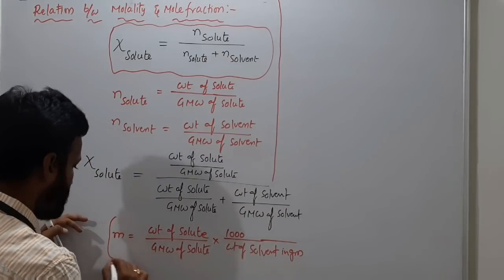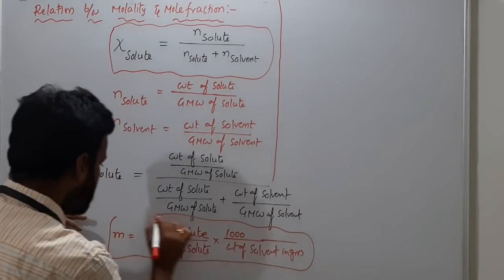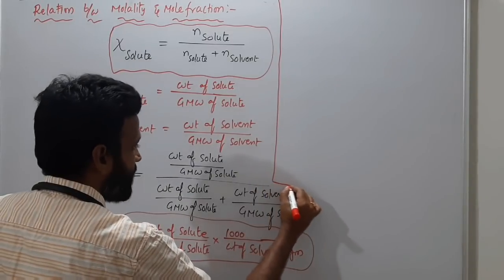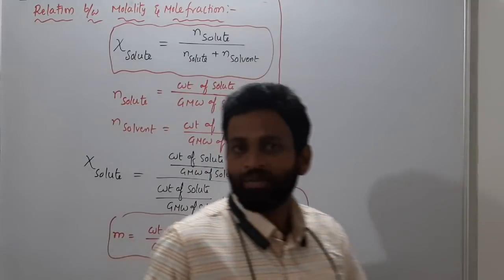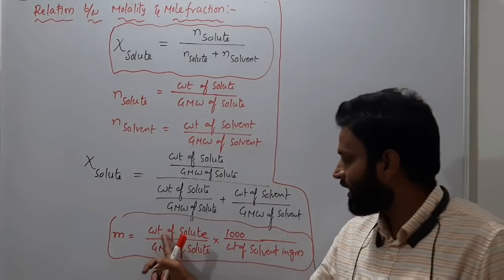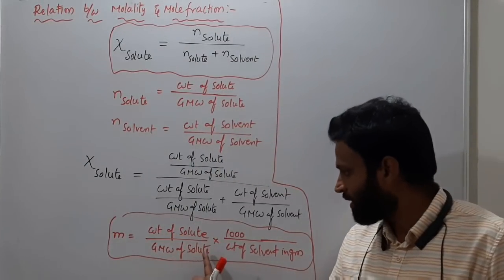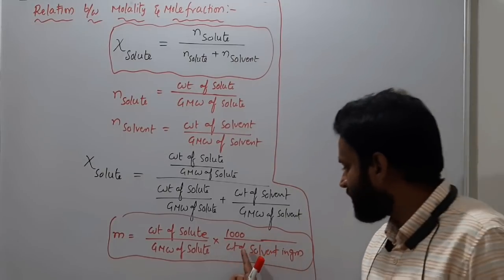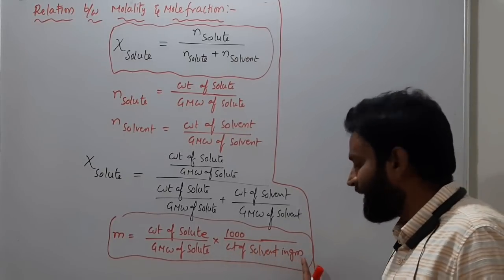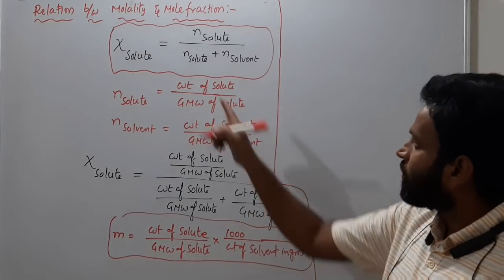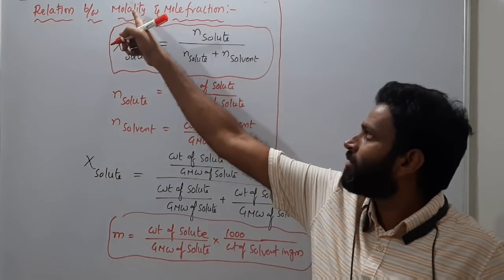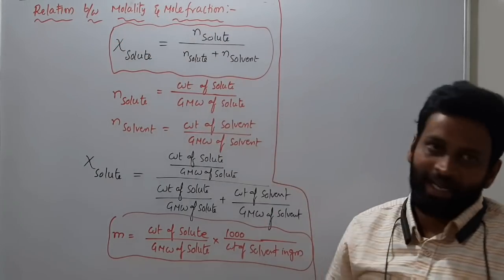So do you know this molality? Yes, you already have an idea of this molality formula. Molality is equal to weight of solute by gram molecular weight of solute into 1000 by weight of solvent in grams. Got it clearly? So what I am saying is the relation between molality and mole fraction.